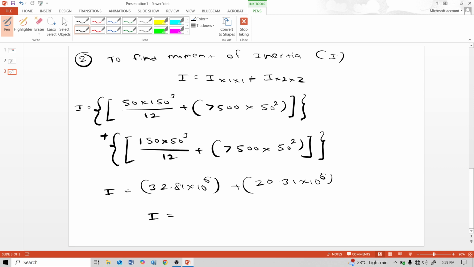Therefore this moment of inertia is 32.81 plus 20.31, 53.12 into 10 raised to 6 mm raised to 4. This is the moment of inertia for that T section about the x axis.